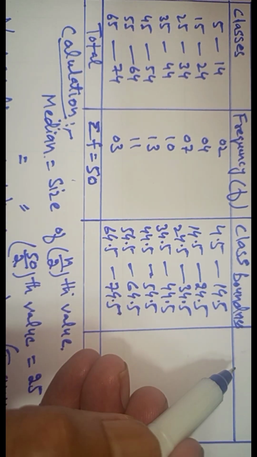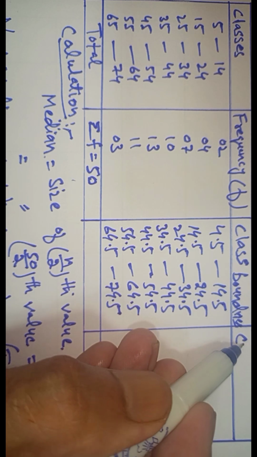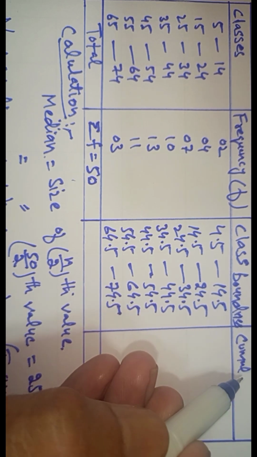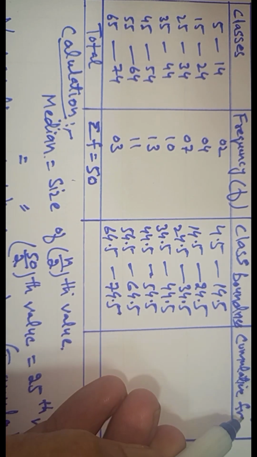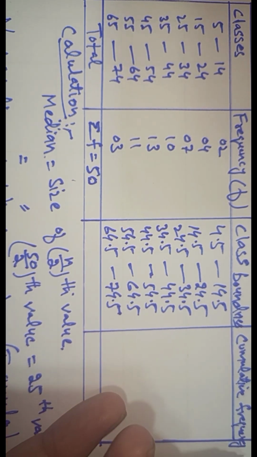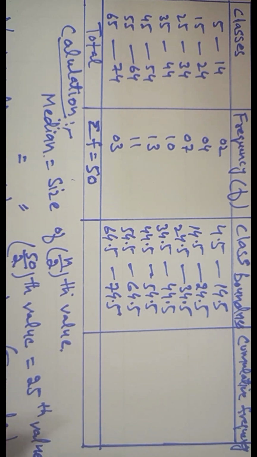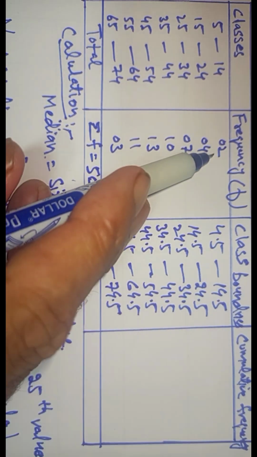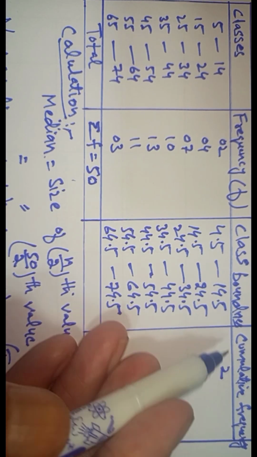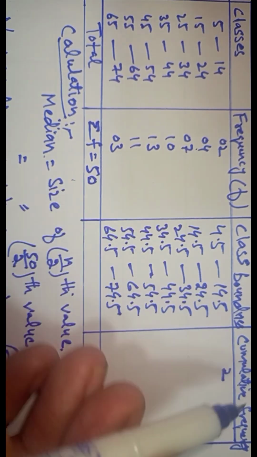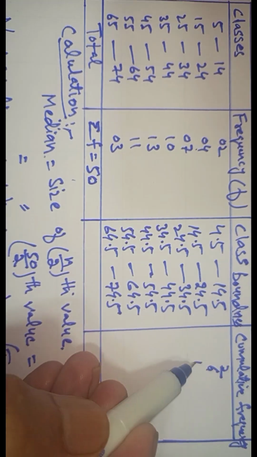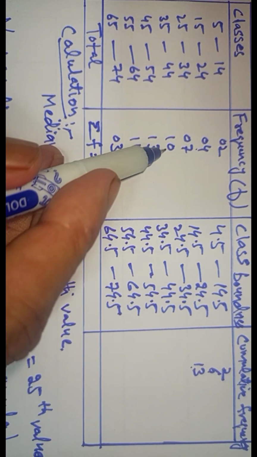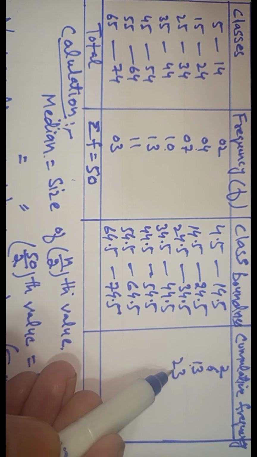Now here we need the cumulative frequencies. The frequency of the next class will be added to the previous class. The frequency of the first class is 2, cumulative is also 2. Next, 2 plus 4, 6 is the cumulative frequency of the next class. 6 plus 7, 13. 13 plus 10, 23.